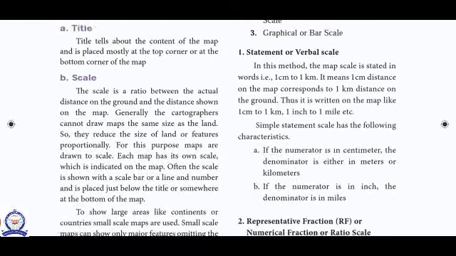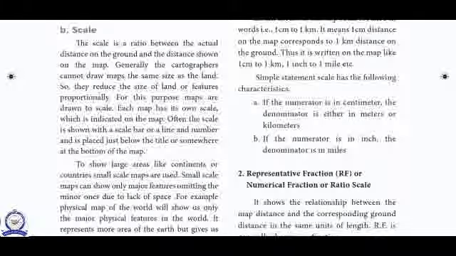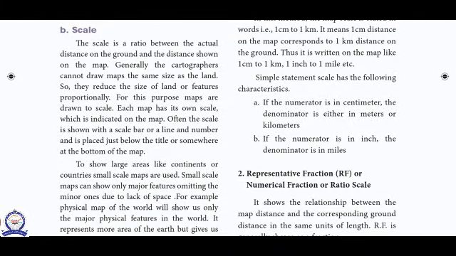Scale. The scale is a ratio between the actual distance on the ground and the distance shown on the map. Generally, the cartographers cannot draw maps the same size as the land, so they reduce the size of land or features.